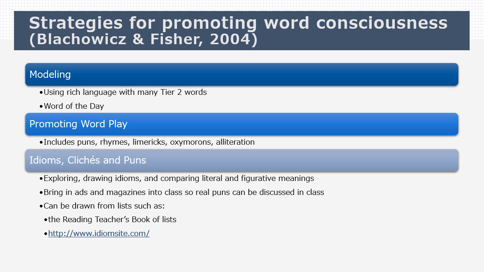There are a number of strategies that teachers and parents can use to help promote this word consciousness. In other words, becoming word conscious isn't just an innate disposition. It can be something that's learned. One way is through modeling. So parents, teachers, educators, what you can do is use rich language, pulling in many of the tier 2 words.